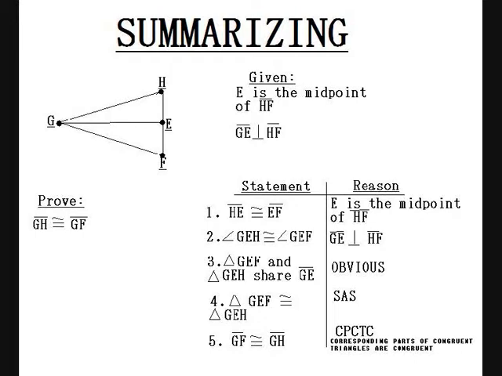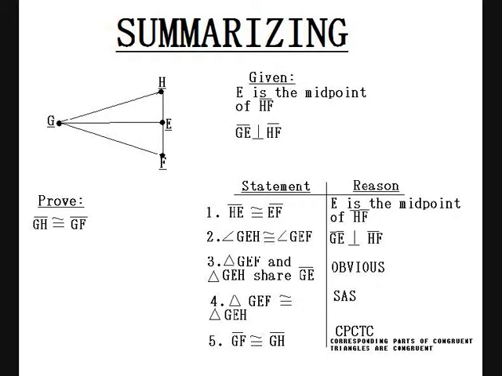The third statement would be that triangle GEF and triangle GEH share line GE, and that is obvious. The fourth statement is that triangle GEF is congruent to triangle GEH by SAS, since they share line GE, line HE and line EF are congruent, and angle GEH and angle GEF are congruent as well.